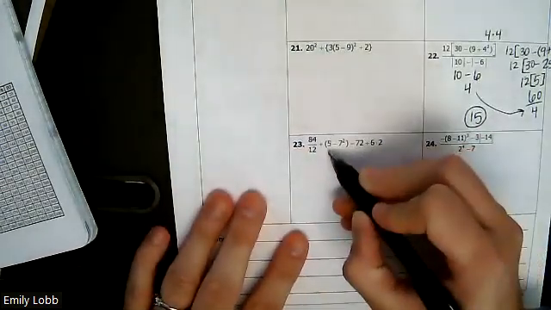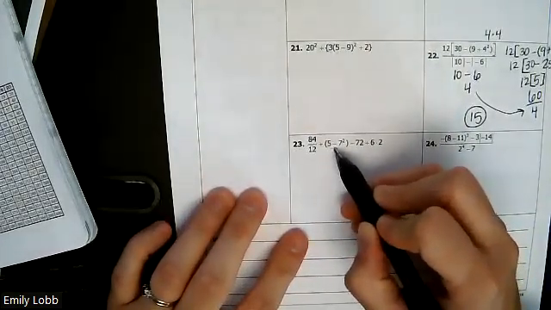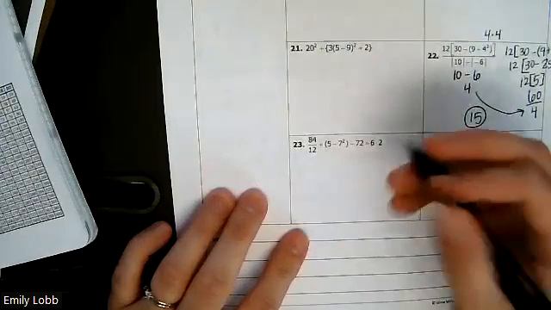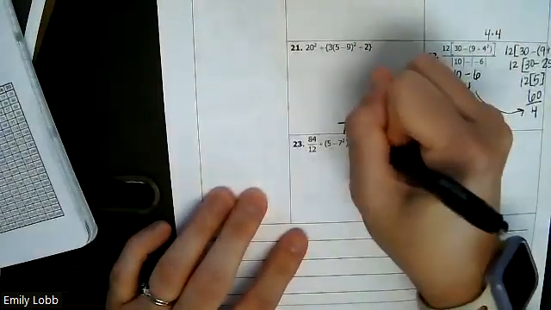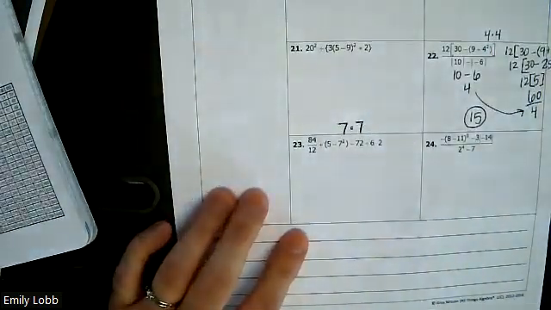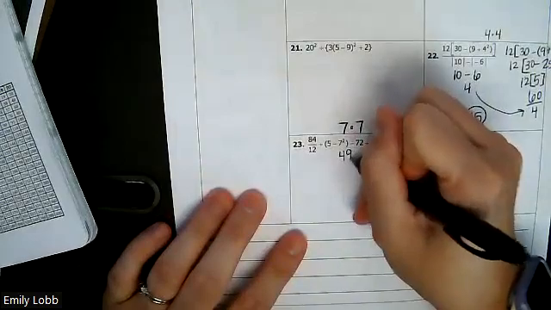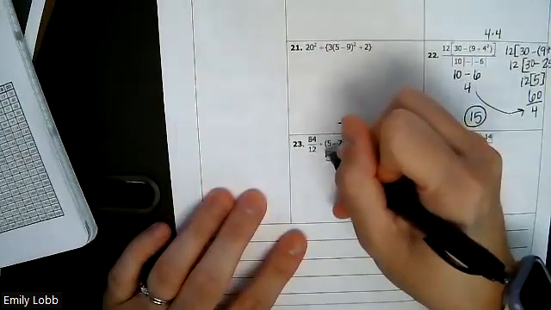Well, let's follow our order. We have to look inside our parentheses. We have 5 minus 7 to the second power. This is not 7 times 2. It is 2 factors of 7. So what's 7 times 7? 49. So what is 5 minus 49?